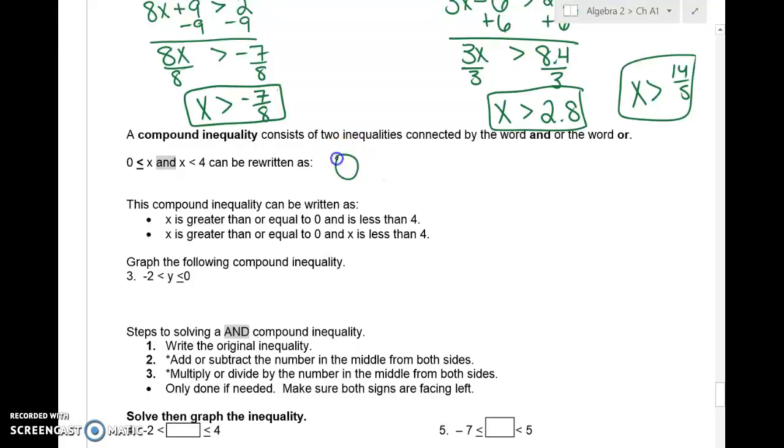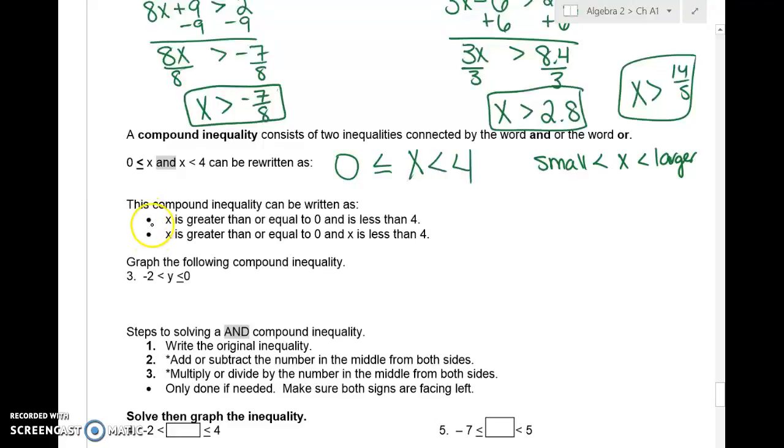This inequality can be written as a three-part inequality. 0 is less than or equal to x is less than 4. The important thing when you write a three-part inequality is that the symbols have to be less than symbols: a smaller number, a less than symbol, a less than symbol, and then the larger number. It has to go from smallest to largest.